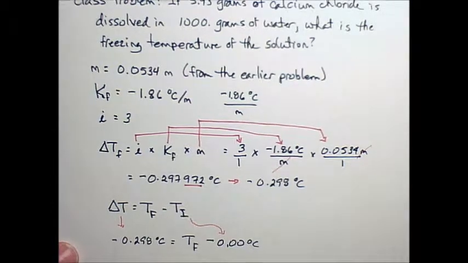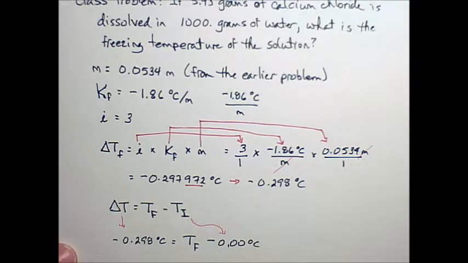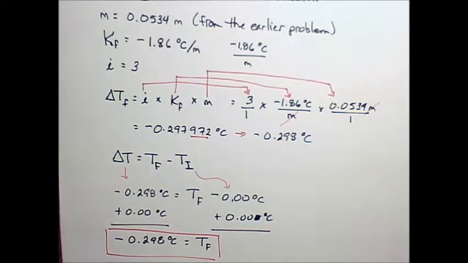How do you get TF by itself? Bingo. Add 0.00 degrees C to both sides, and you get negative 0.298 degrees C equals temperature final. And there's your final answer.